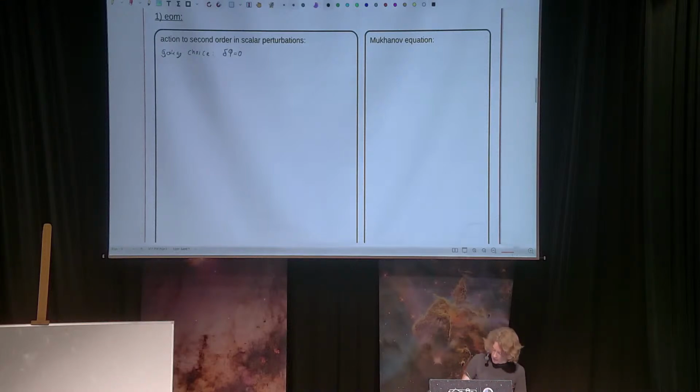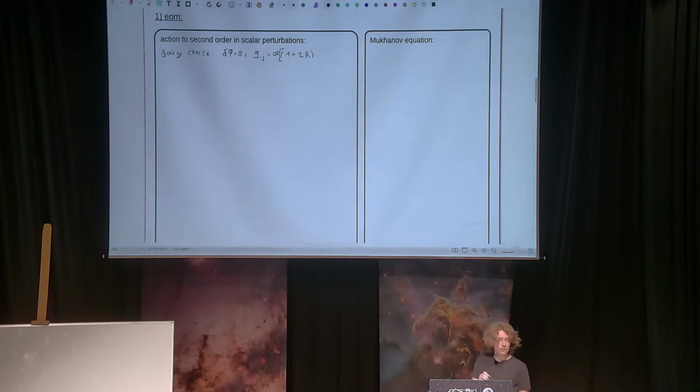And that means that in the metric, here I would normally have the Newtonian potential psi, but now I already want to express this in terms of curly R, the curvature, because if I set delta phi equal to 0, then curly R is just psi.